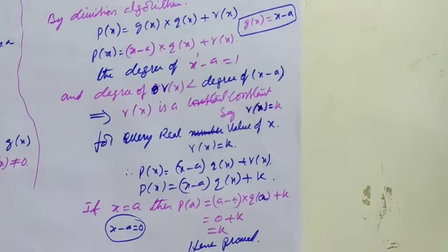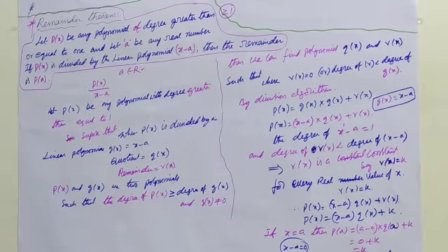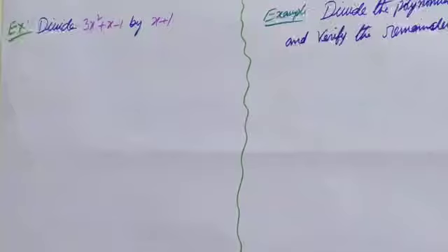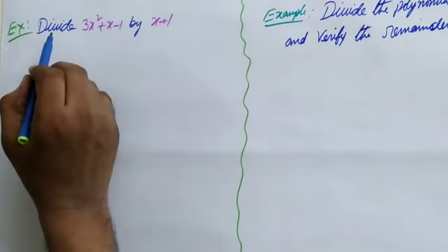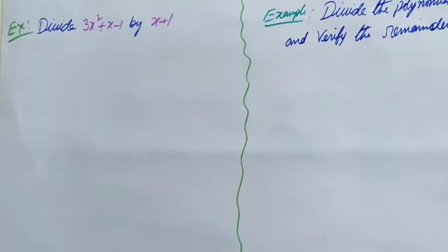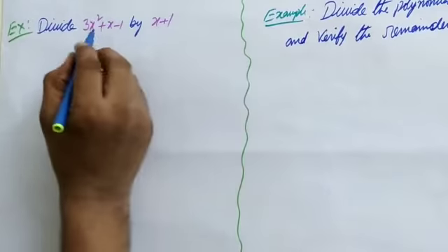This is the remainder theorem. Now, dividing polynomials. For example, divide 3x square plus x minus 1 by x plus 1.